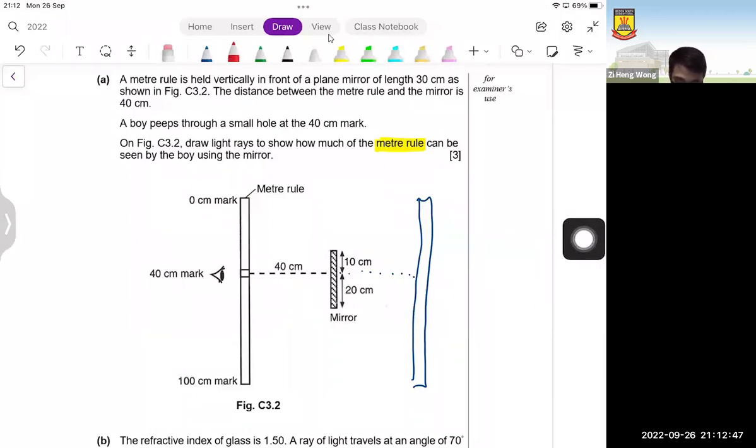So from the eye you draw a straight line out here, then another straight line out here. This is the max you can see. But I should not just draw a straight line; it should be a dotted line, because behind the mirror is virtual. This straight dotted line goes towards the eye.